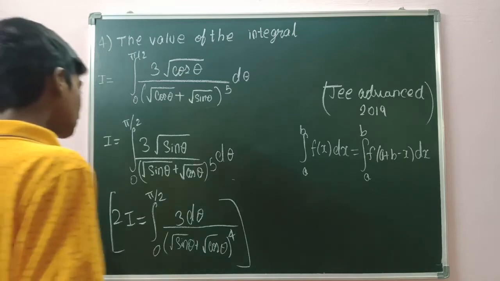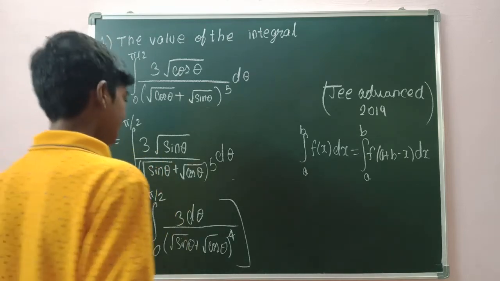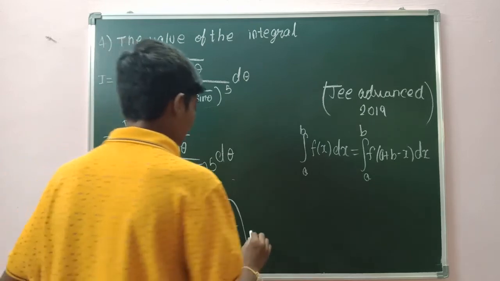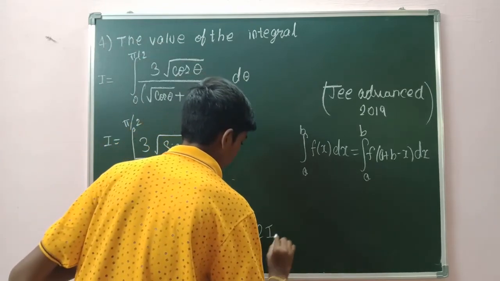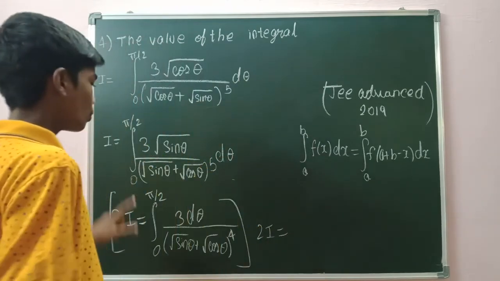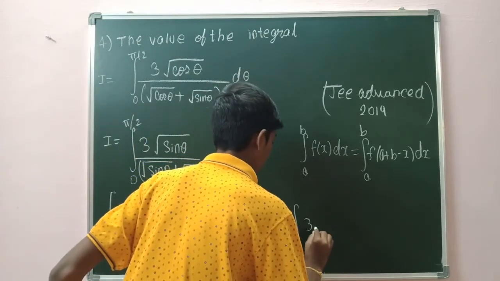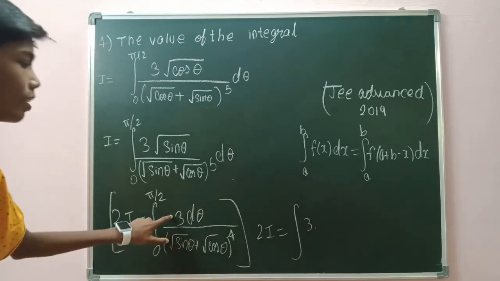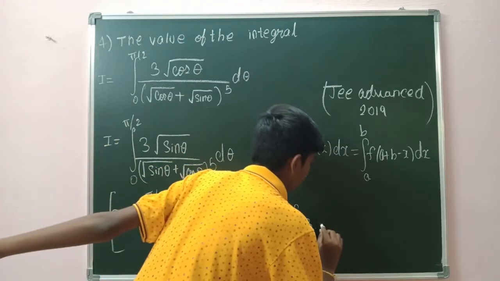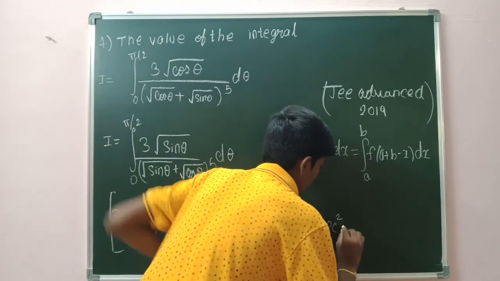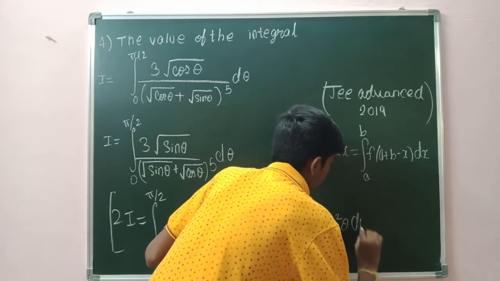If I divide by cosθ on both numerator and denominator, I can write the same 2y as the integral of 3 into, when divided by cosθ on the numerator, 1 by cosθ, that will be sec²θ dθ.